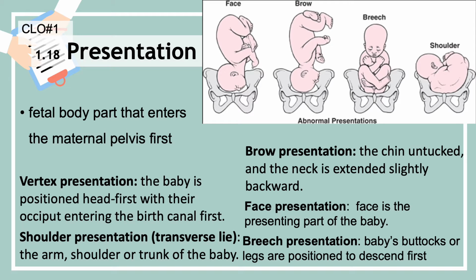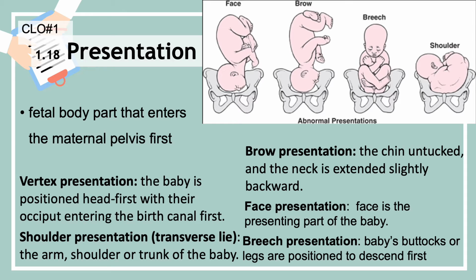Next term is presentation. This is the fetal body part that enters the maternal pelvis first. So the first one on our list is vertex presentation. This is when the baby is positioned head first, with their occiput entering the birth canal first. This is actually considered the normal way that a baby is positioned for birth.